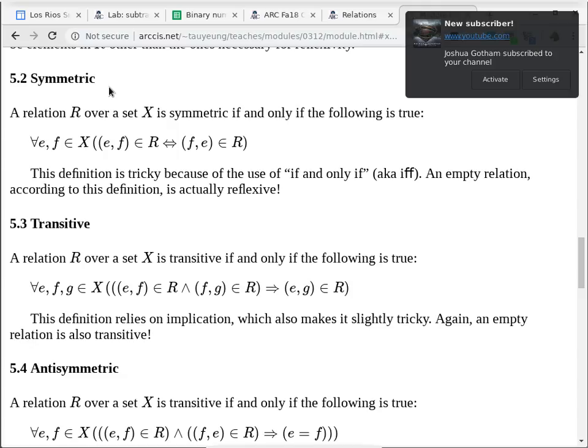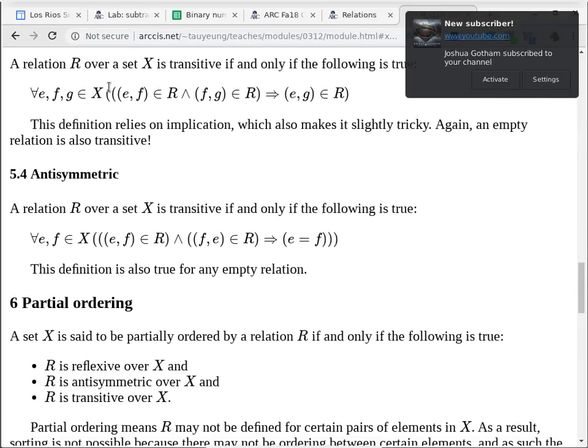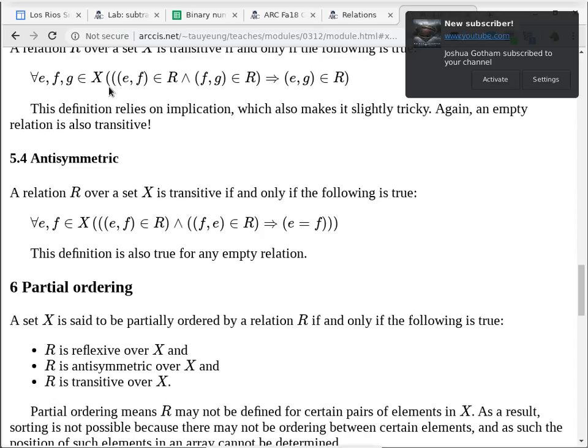Transitive? Okay. So now we move on to anti-symmetric. Anti-symmetric is a little bit awkward because it only needs two elements. So pick any two elements in X. For every way to pick two elements in X, we need this condition to be true. What is it?